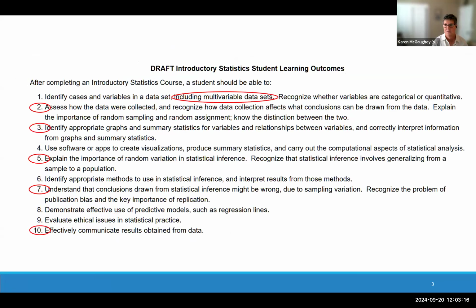It's not 100% clear where that might happen in the draft learning objectives, but I've circled a few places where we might be able to think about multivariable thinking sort of in the context that I'm going to talk about it today. Obviously, some of those other learning objectives deal with multivariable thinking as well.